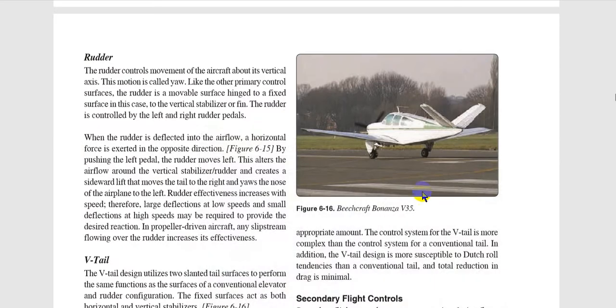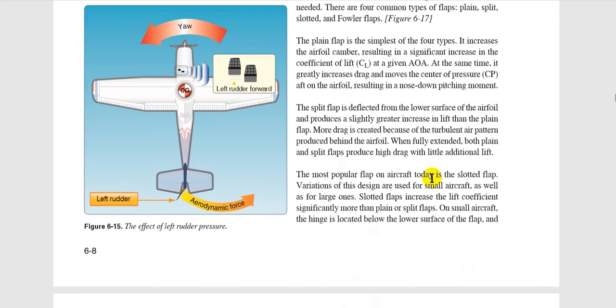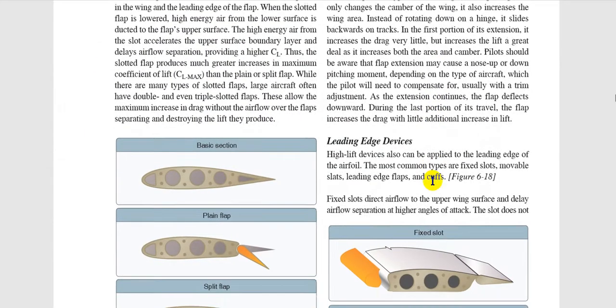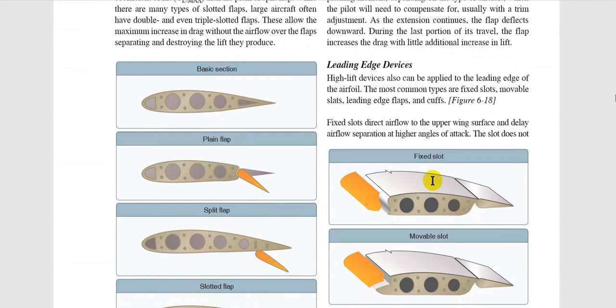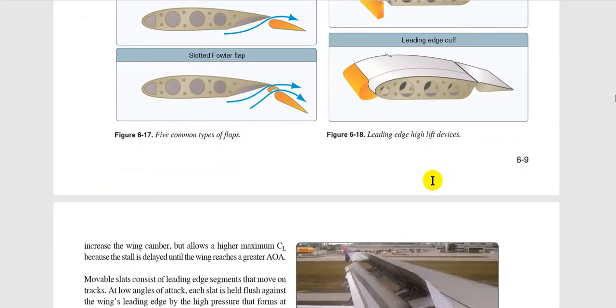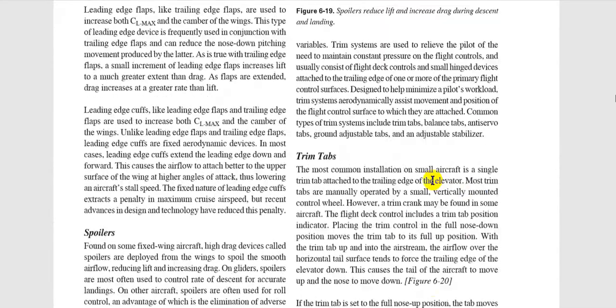Anything else I want to touch on? Secondary flight controls are flaps, slats, and I'll do a video. If you guys enter something in the comments where you want me to discuss flaps and slats, we can do that. I guess what we'll do is spoilers.